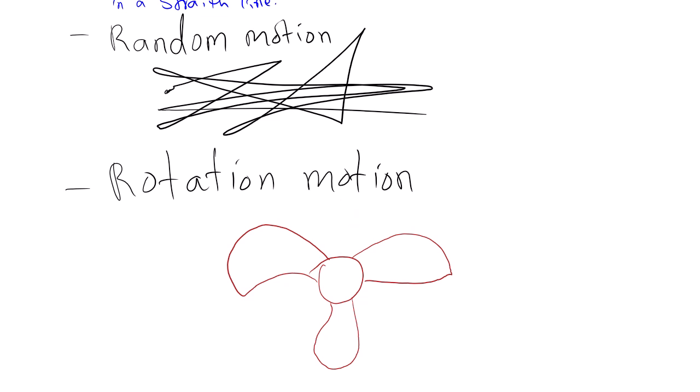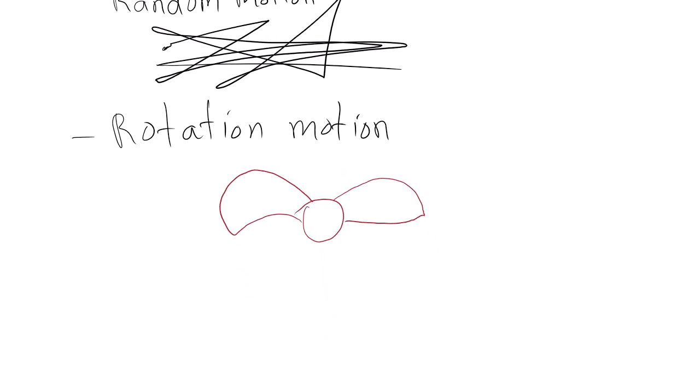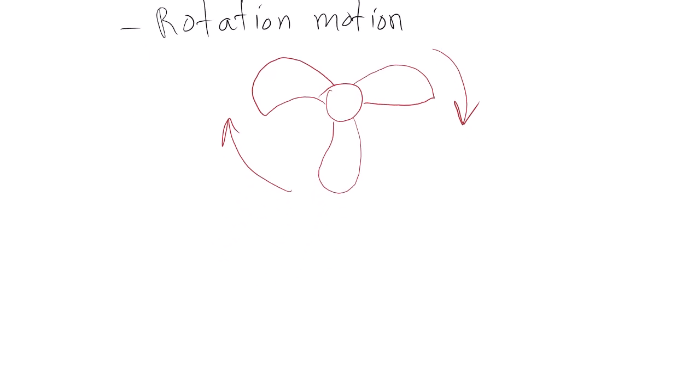I don't know how to draw very well. So if a fan rotates, then the rotation is another type of motion, where the motion is in form of rotation. So this is very important.